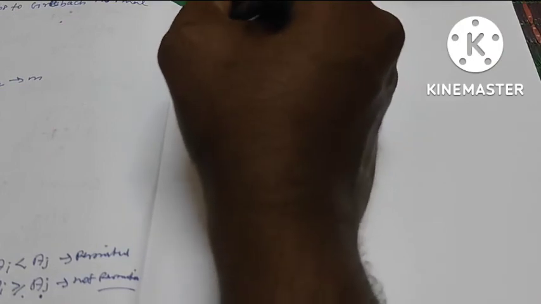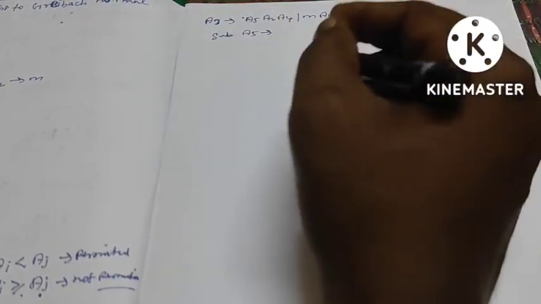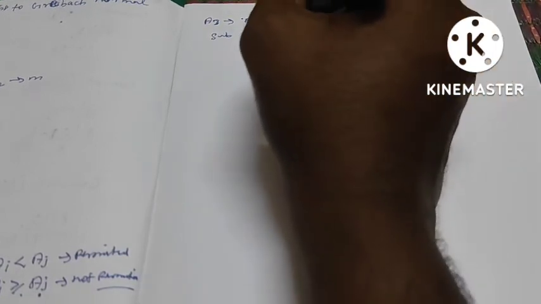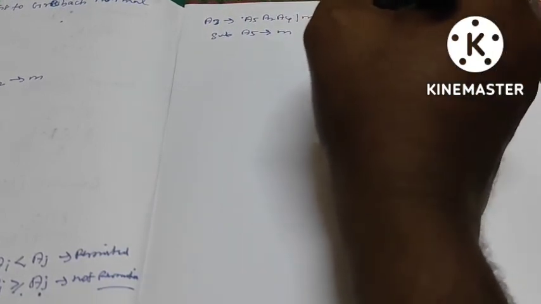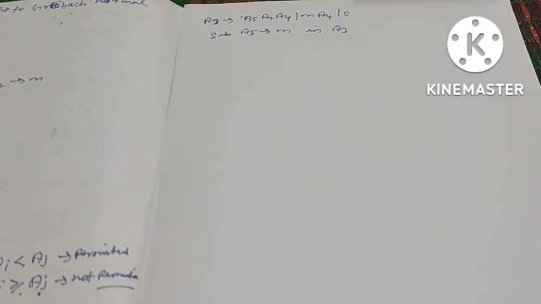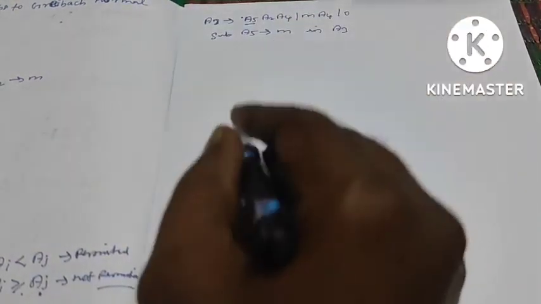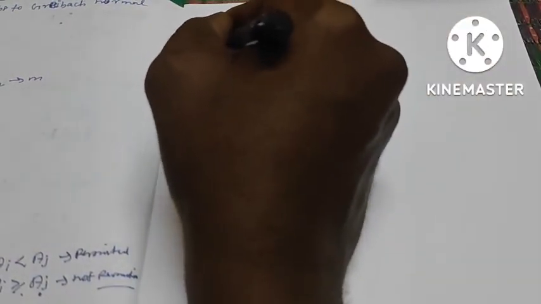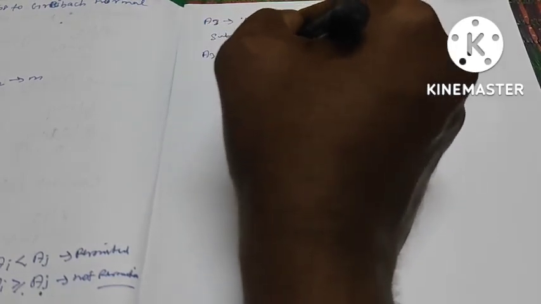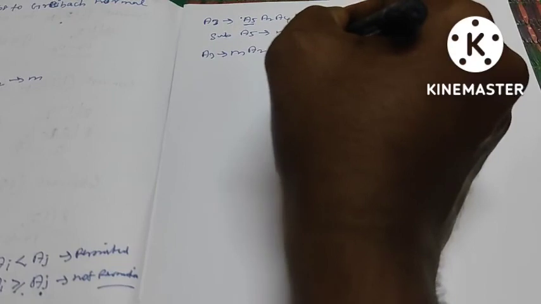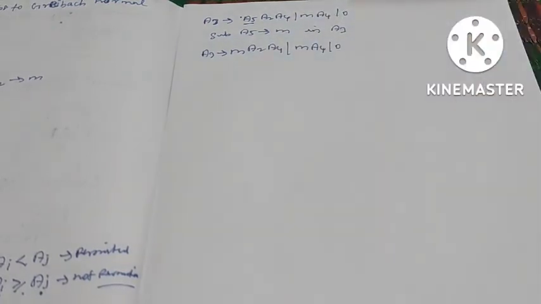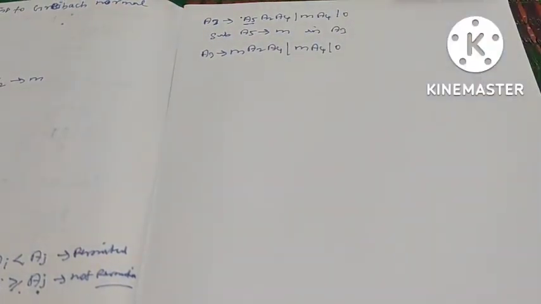Still it is not in Greibach normal form. So we substitute: we have a production for A5, A5 tends to M, in A3. So this A5 will be replaced by M here. A3 can be replaced as M A2 A4 bar M A4 bar O. So this is one production.